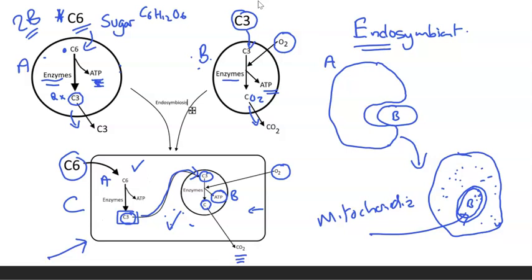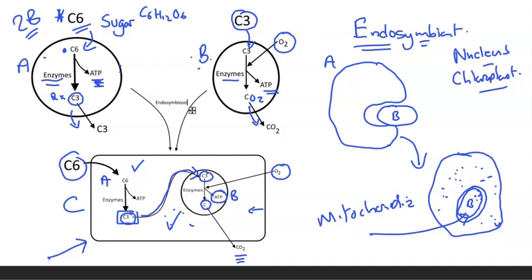So this is called endosymbiont theory. The same argument is used to explain things like the nucleus and also chloroplasts. So you might want to see if you could look up and find descriptions of their evolution.